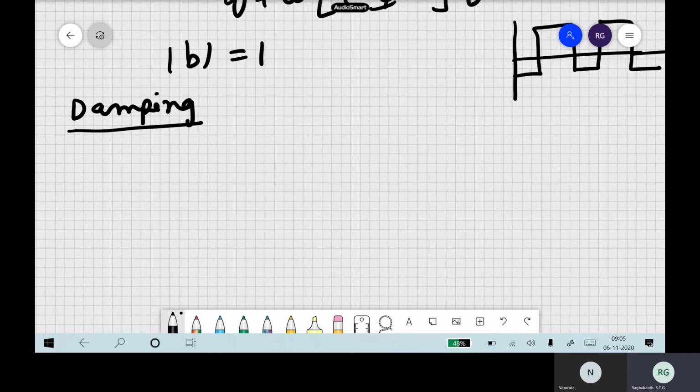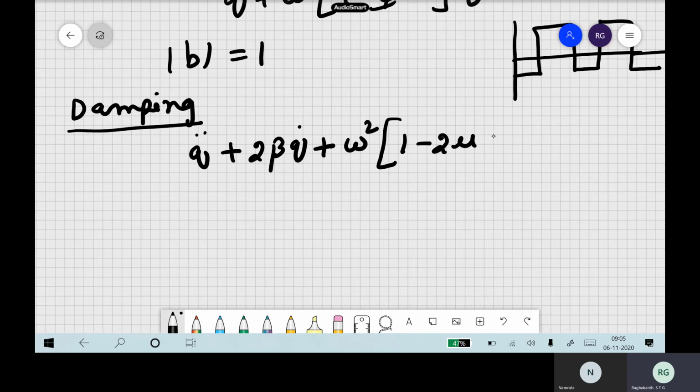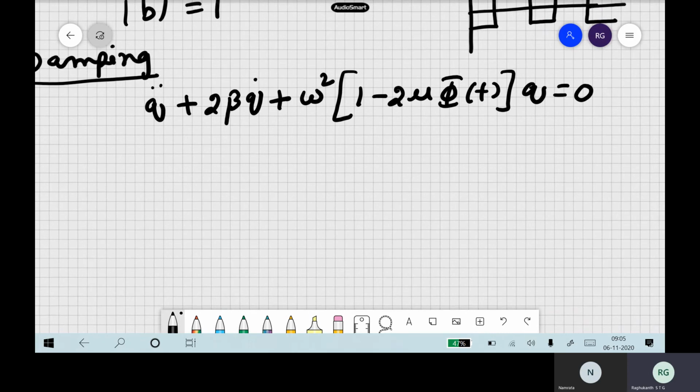Then the equation of motion, which we already wrote last class, has 2 beta times q dot, an extra term which has entered our calculation: q double dot plus 2 beta q dot plus omega square times 1 minus 2 mu phi of t times q is equal to 0. Now here we did a change of variables.